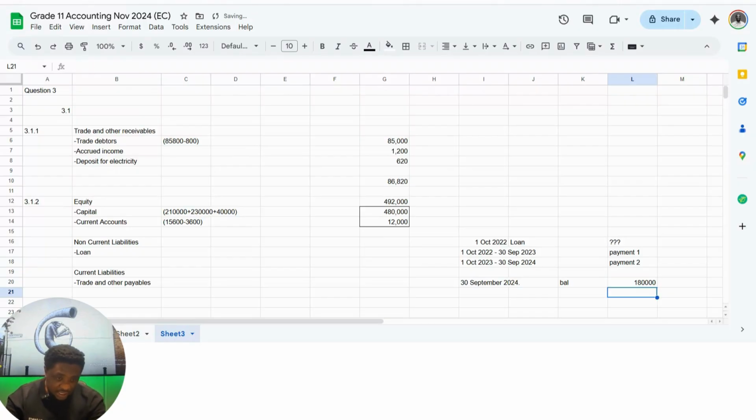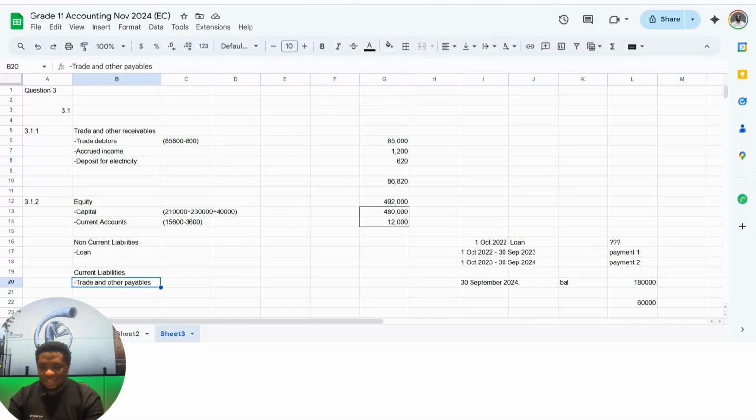180,000. So since two years of payments have been made, that means that you have 3 years of payment remaining. So how much are we paying off this loan per year? Well, we can take the balance and divide it by 3. So the next payments that are going to be made in the years to come are going to be 60,000 a year. 60,000 a year works out to 5,000 a month. Therefore, 60,000 is now the short-term loan, because the next 60,000 is going to be paid in a period of a year or less.